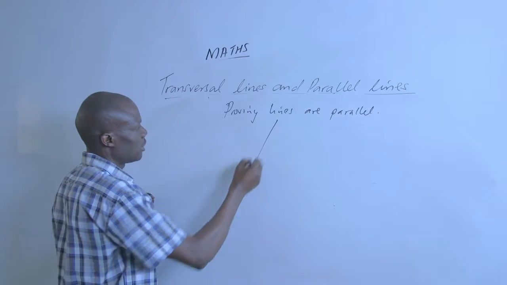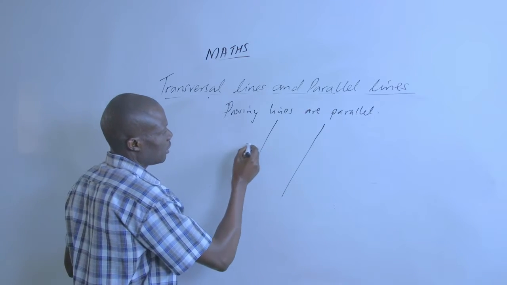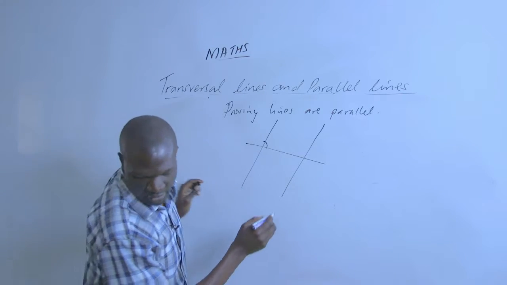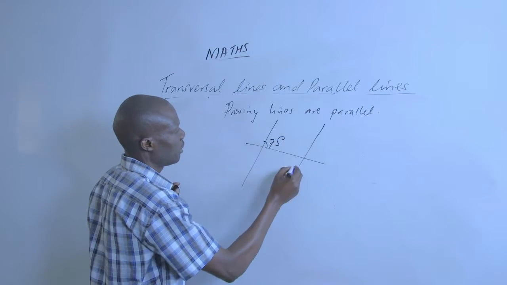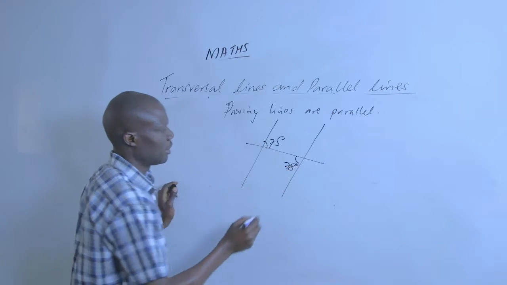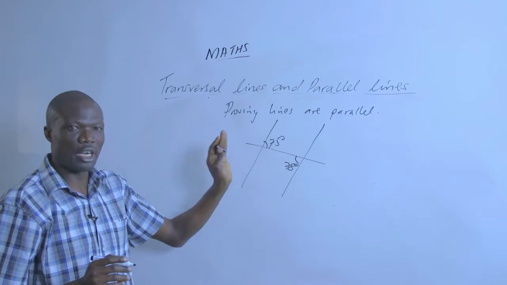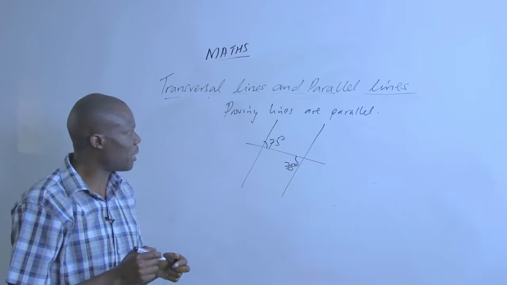I'll use freehand in drawing this and illustrating. So we have the angle here is 75 degrees and 78 degrees. Question: prove if the two lines here are parallel.